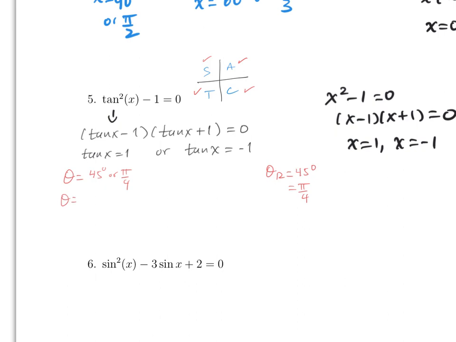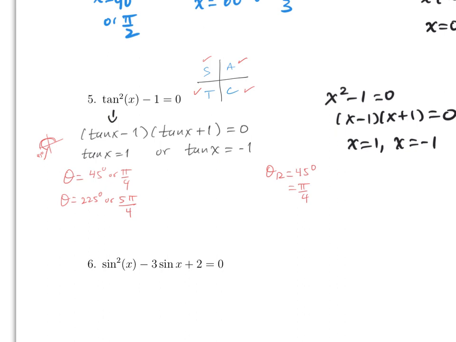But if theta is on the third quadrant, which will be here, since the reference angle is still 45, then you will have something like this. And this one is 45 degrees. So the whole angle is 225, or 5 pi over 4.